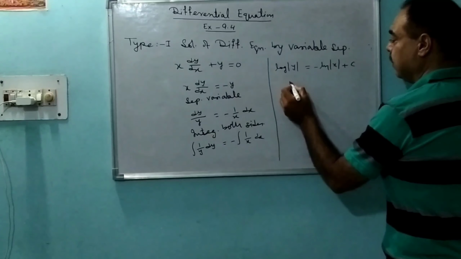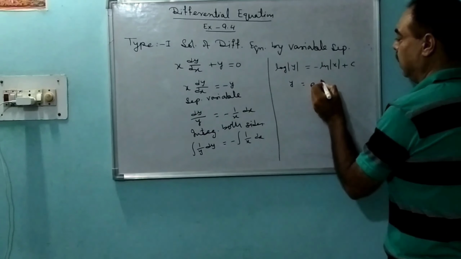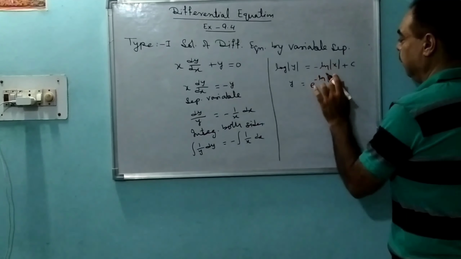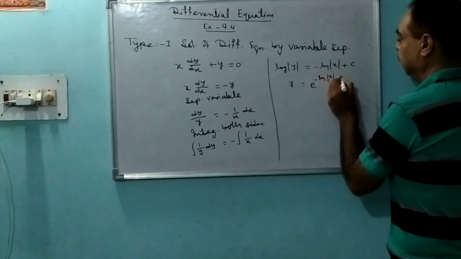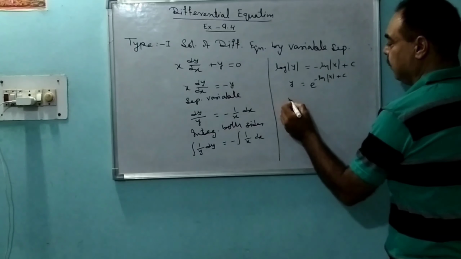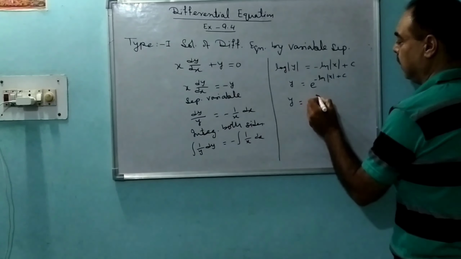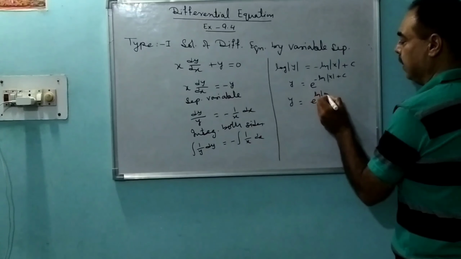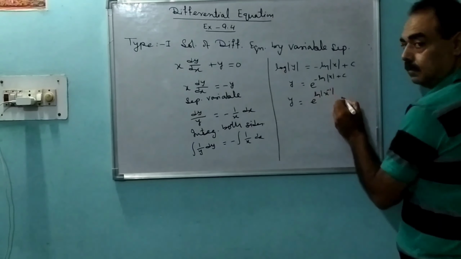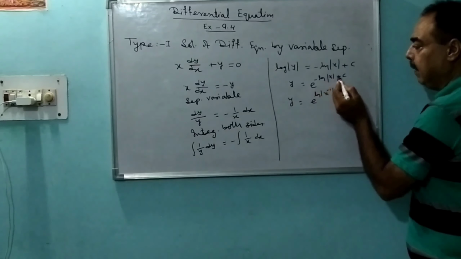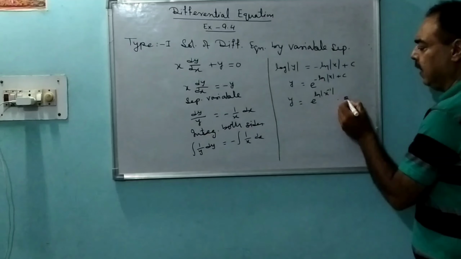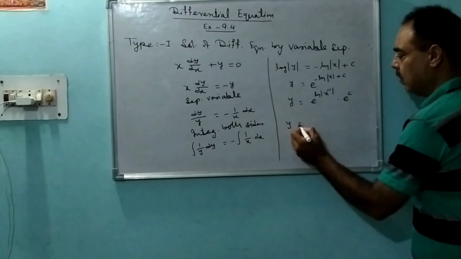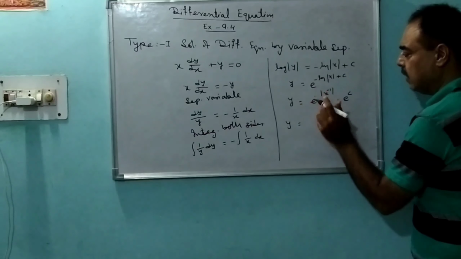Now we can write this one as e raised to power minus log of x plus c. That means we can write this as e raised to power log of x, where n log m is log m raised to power n. Right? e raised to power m plus n, we can separate this one, e raised to power m into e raised to power n. y is equal to, now what is the base of this one? e.